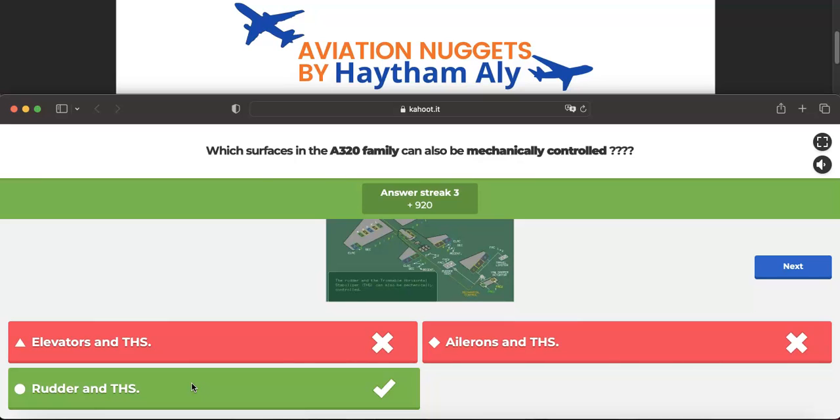So yes, rudder and THS can also be mechanically controlled in case of total electrical power failure or total computer failure. Very good, everybody. Let's proceed.